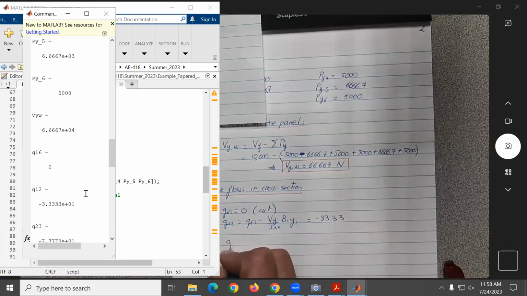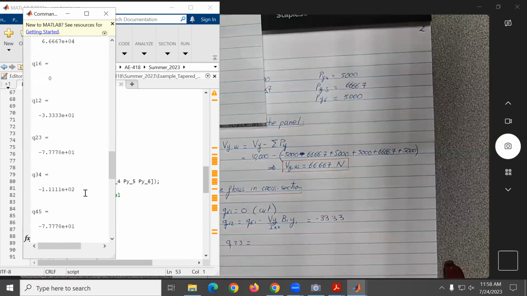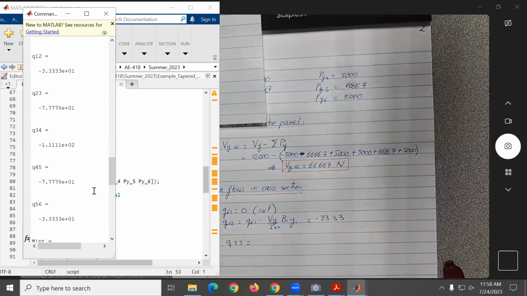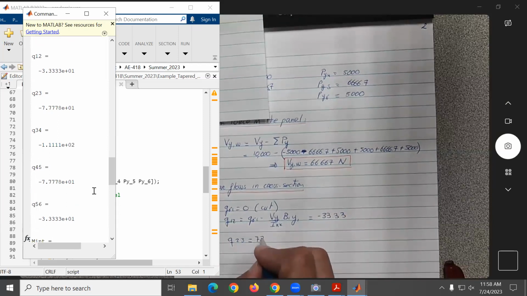Similarly, Q23 will be equal to minus 77.77.